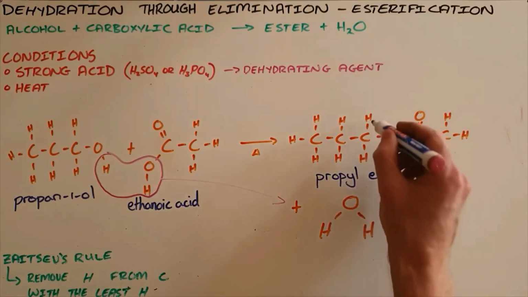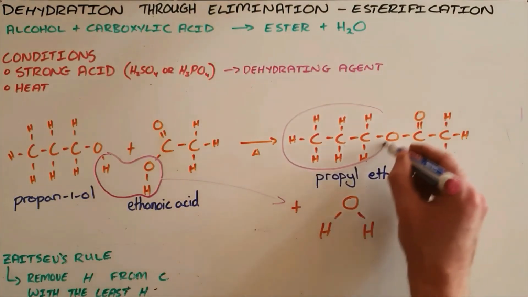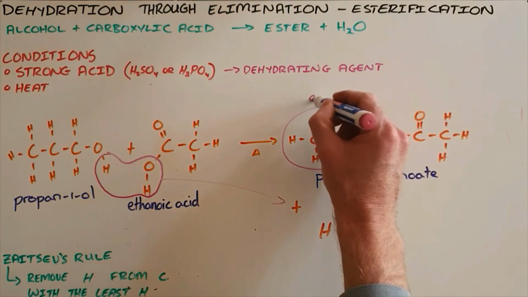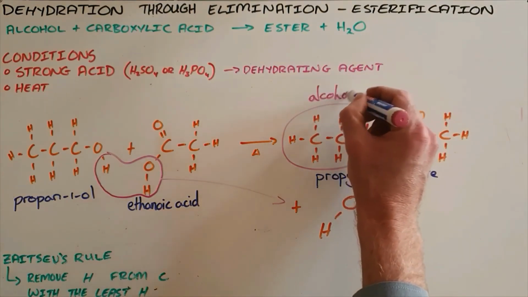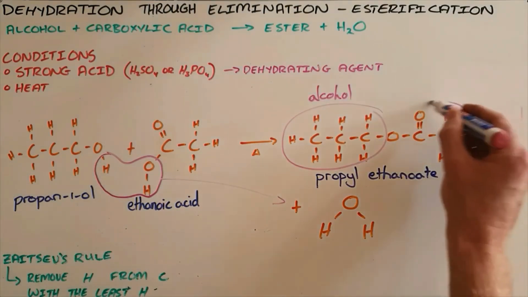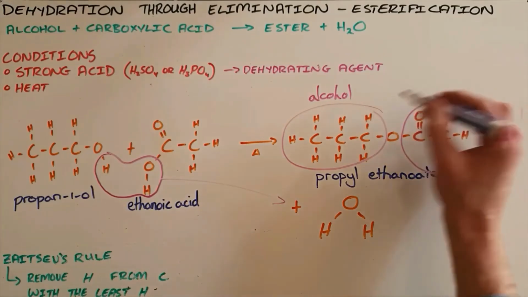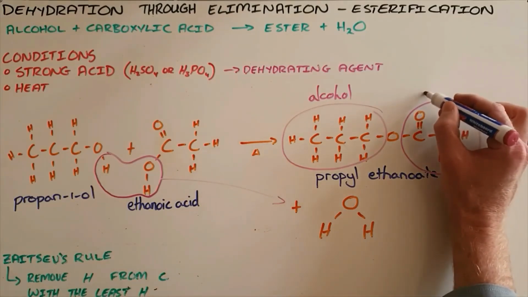The propyl, the part that is attached to the single bond oxygen, is always the part that comes from the alcohol, and the part that is attached to the single and the double bond oxygen is always a result of the carboxylic acid.